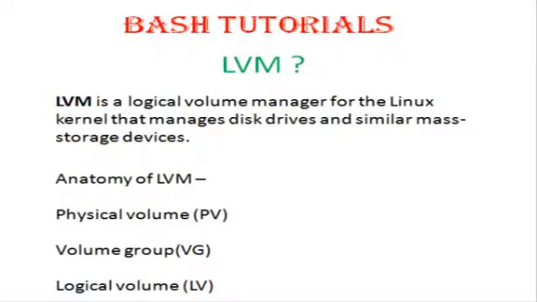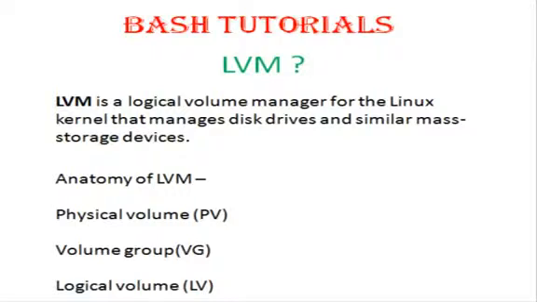LVM always needs three basic units to work. Those basic units used by LVM are, first one, PV, that is physical volume. Second is VG, that is volume group, and third one is LV, that is logical volume.